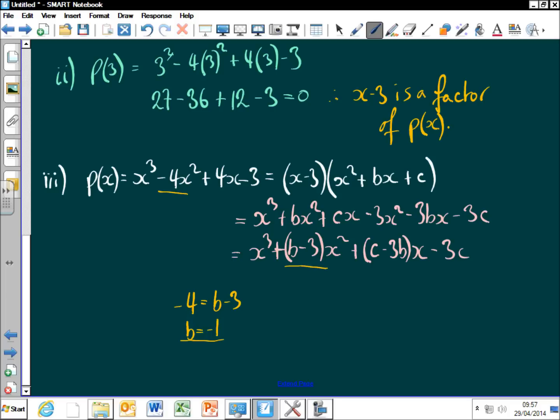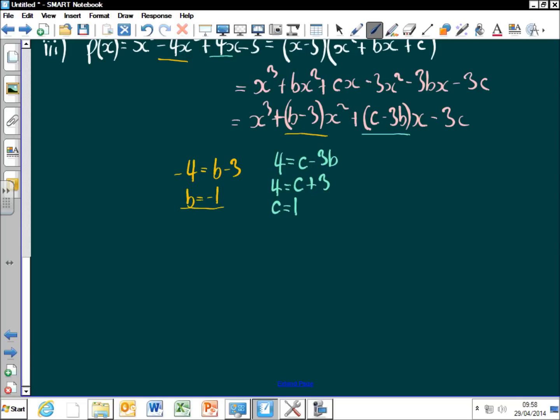Okay, and I can do the same thing here. I've got 4x's here, and I've got c minus 3b here, so I can write down that 4 has got to be equal to c minus 3b, but I've just found out what b is. So this is c, take away 3 times minus 1, so that's plus 3. I'm going to take 3 from both sides, so I should get that c equals 1.